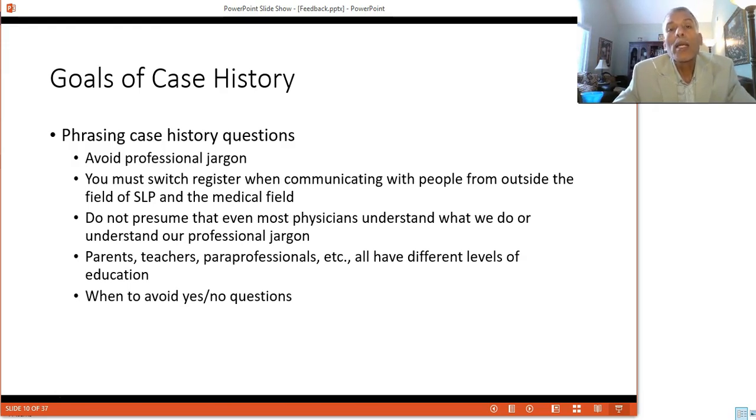Please explain your concerns to me. Tell me the areas that you are concerned about. I'd like to know the strengths that this child has. And it is better to refer to the child using their specific name, because it means something to the parent, rather than saying he or she or your child.